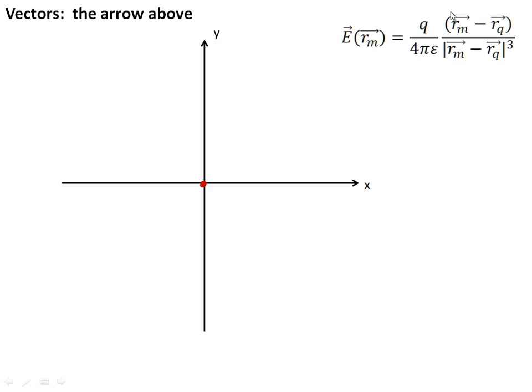So what we see in Coulomb's law here is that we have two vectors that are subtracted from one another. So let's understand what a subtraction of vectors means. Let's take a really easy case. Let's just say we've got the y unit vector minus the x unit vector.